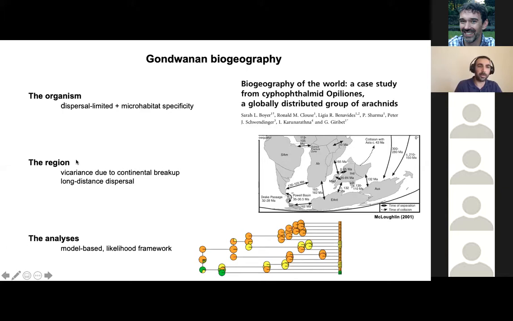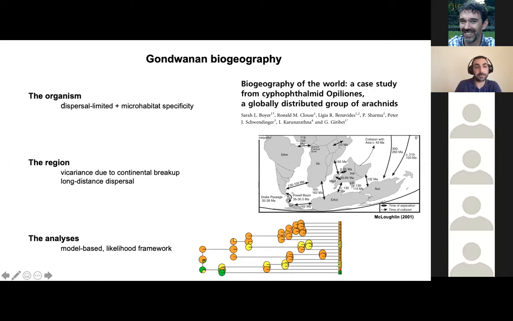The second point is about the region. In taxa that inhabited Gondwana 200 million years ago, we can expect to see biogeographic history that's explained by vicariance because of the continental breakup, and sometimes in younger taxa, long distance dispersal is involved.